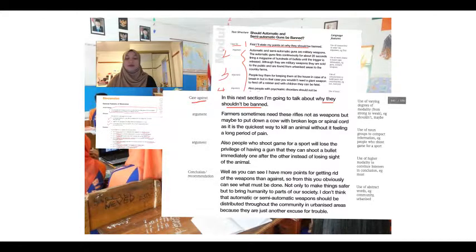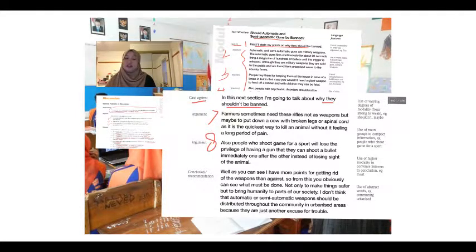So the next paragraphs following, paragraph 7 and 8, serve the arguments used by those who disagree with the ban. Since there are only 2 paragraphs that serve to support the idea that is against the ban, we can say that the author only provides 2 reasons or main ideas for why automatic and semi-automatic guns should not be banned.